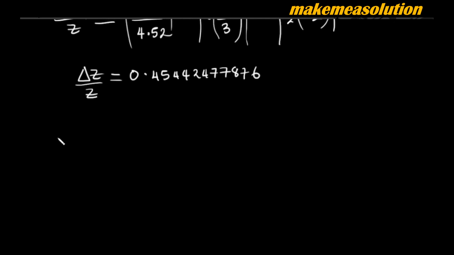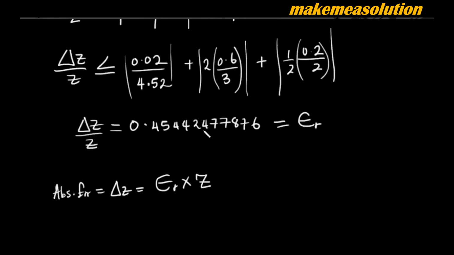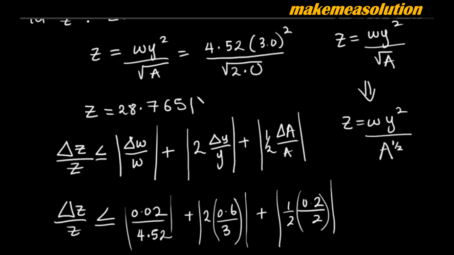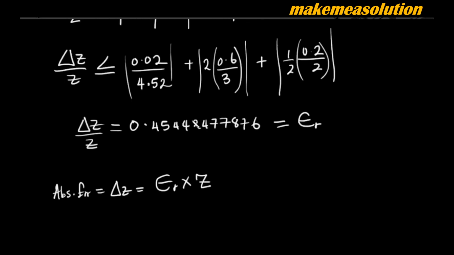So this is my relative error. Now if I want to find my absolute error, which is delta z, it can be gotten when you multiply relative error times z. Remember, you've already computed z, and this is the value that you got, 28.7651.